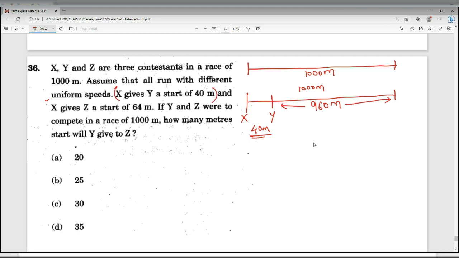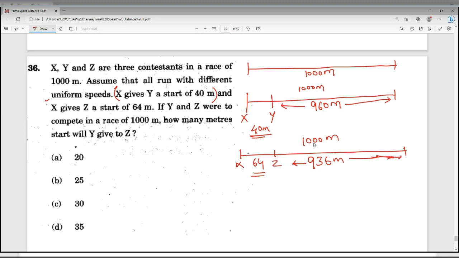And then they are saying X gives a start of 64 meters to Z. 64. And this total is 1000. So in 1000 meters, you have to remove the 64. So that is 936 meters. So Z has to travel 936 meters to complete the race.